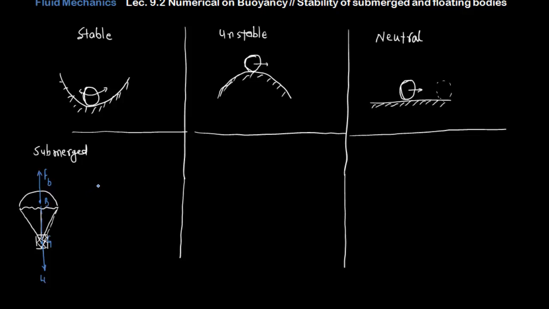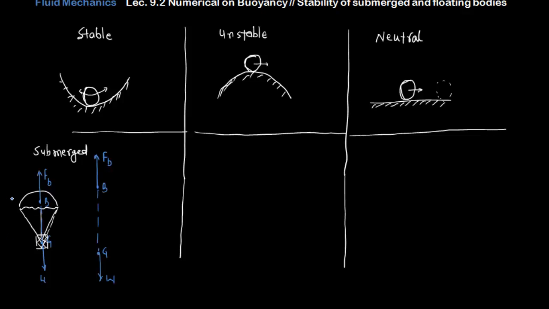Here is our center of buoyancy on this line of action, and here the center of gravity. The weight is acting over here, and here the buoyant force is acting. So in this case the center of buoyancy is lying above the center of gravity.